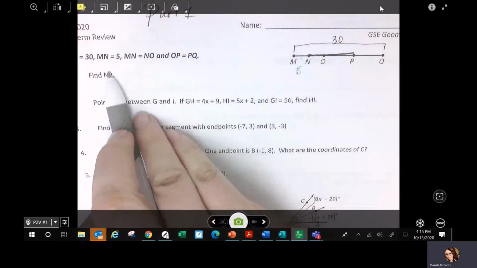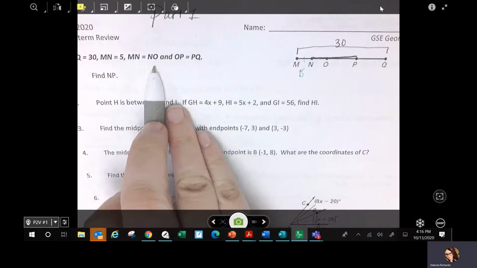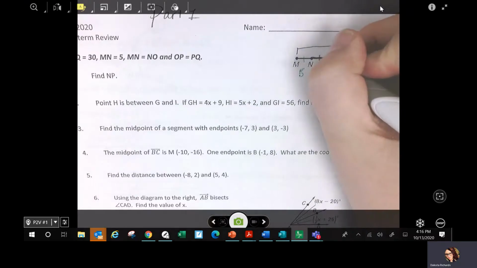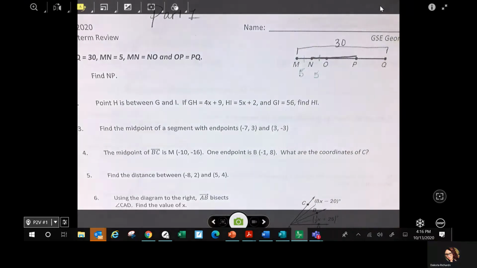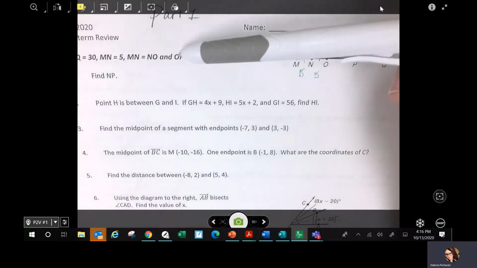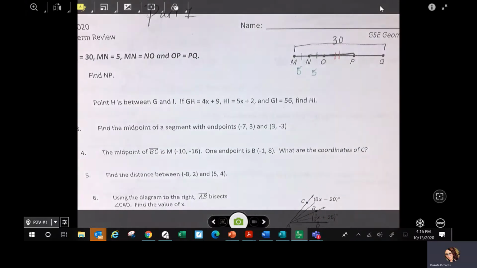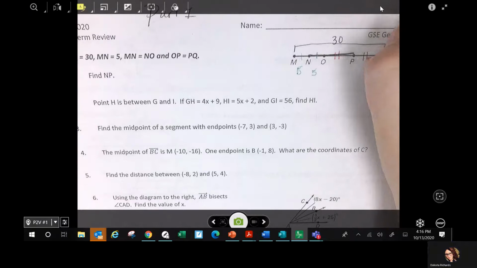And it says MN equals NO. So that means this is also 5 units. And then it says OP is congruent to PQ, right?